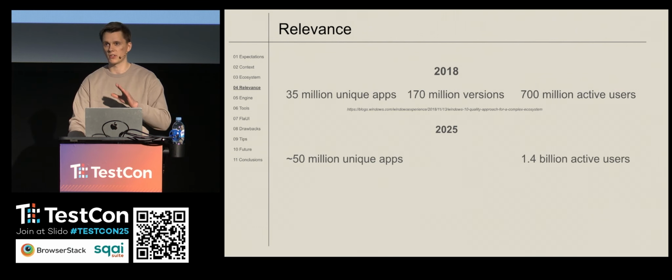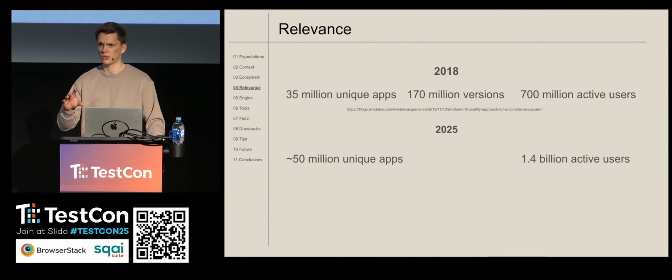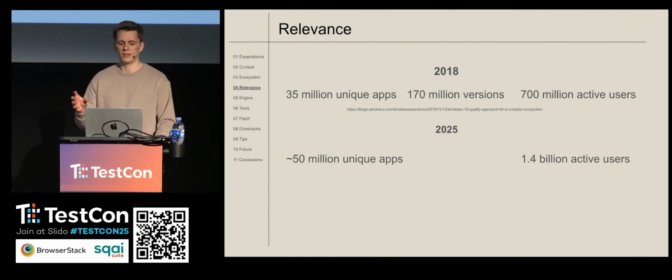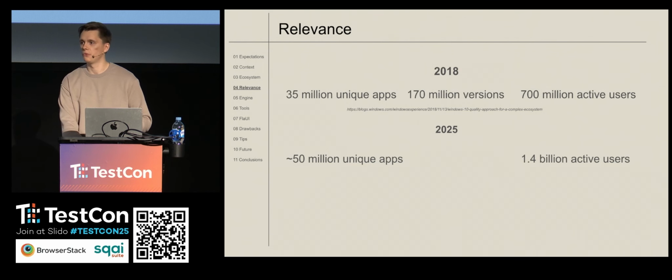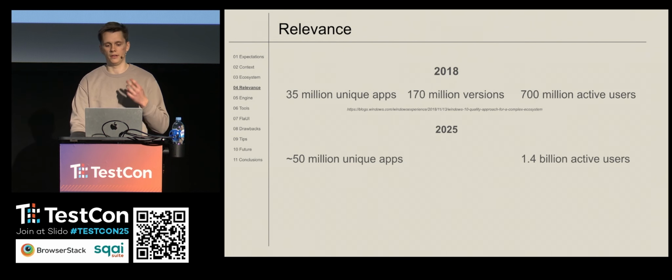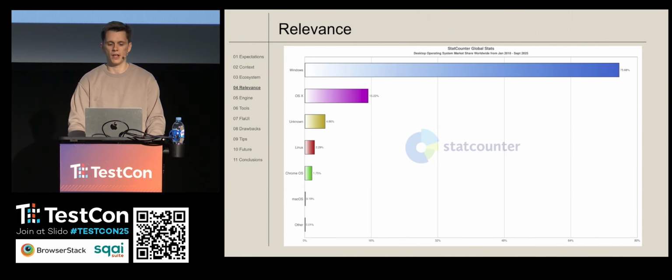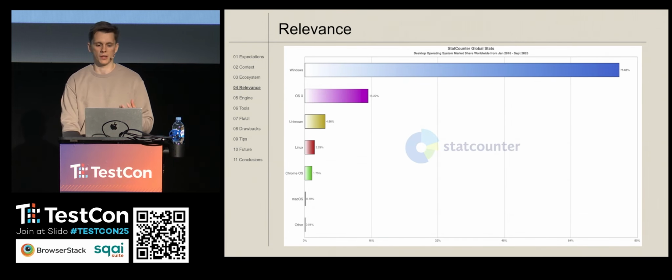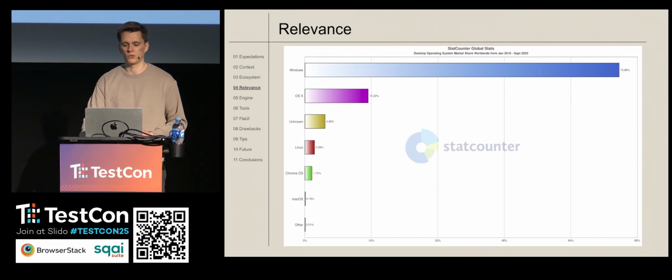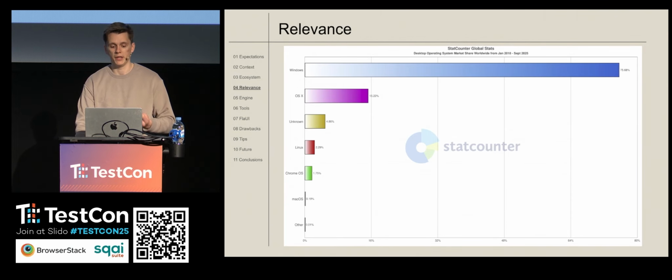Those numbers are more or less speculative because Microsoft did not really share them, but the estimated number is somewhere around 50 million, and we have 1.4 billion active users, which means that the number of active users doubled. So the relevancy is still there. Also, another well-known fact is that Windows still holds the majority in desktop operating systems world. So the relevancy will still be there.